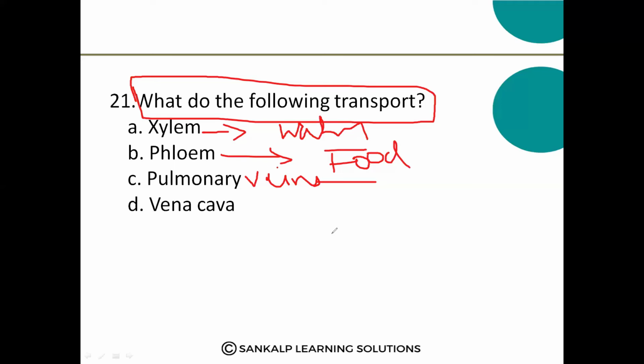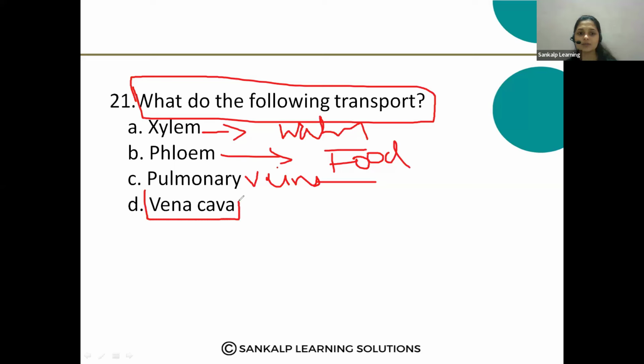Deoxygenated or oxygenated? Oxygenated blood. Okay, vena cava. What is vena cava? The vena cava in the heart will collect the deoxygenated blood from different parts of our body, and they carry this deoxygenated blood to the heart.